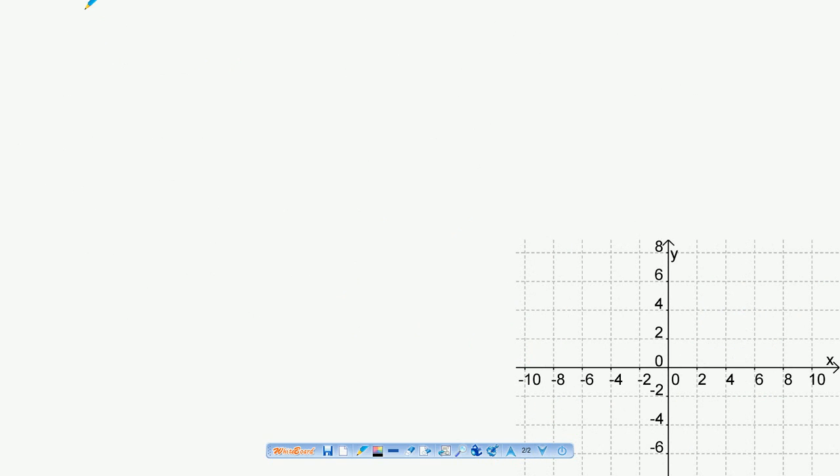Now, to sketch a parabola, it is similar to how we sketch a straight line.